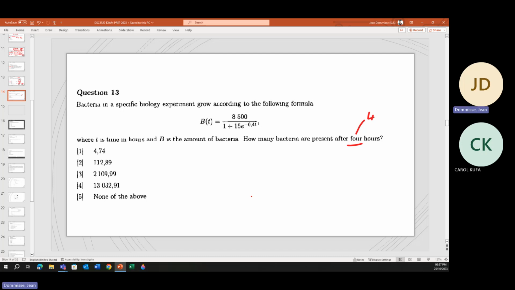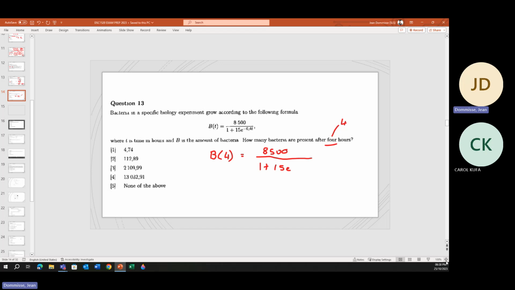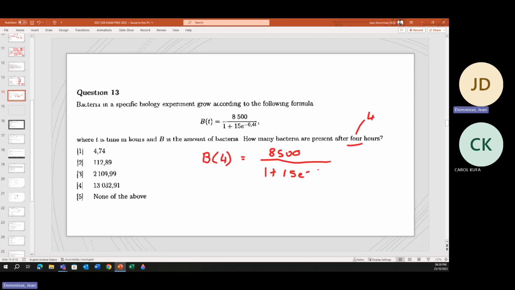This is weird. I would have just said replace T by 4. It looked very suspicious, nearly in difficulty, but in actual fact, they just want you to replace T with 4.